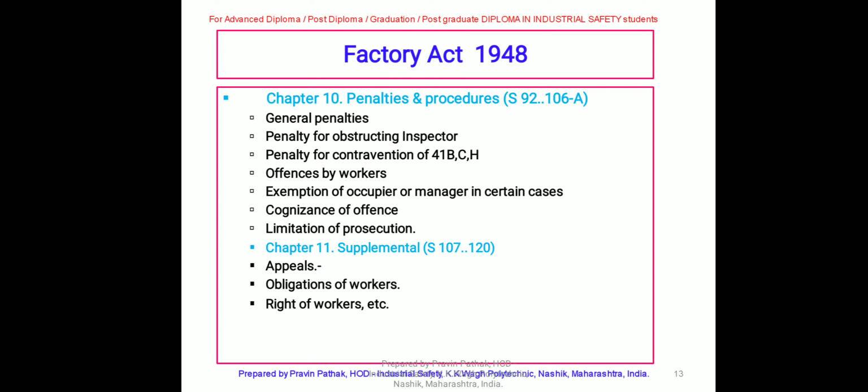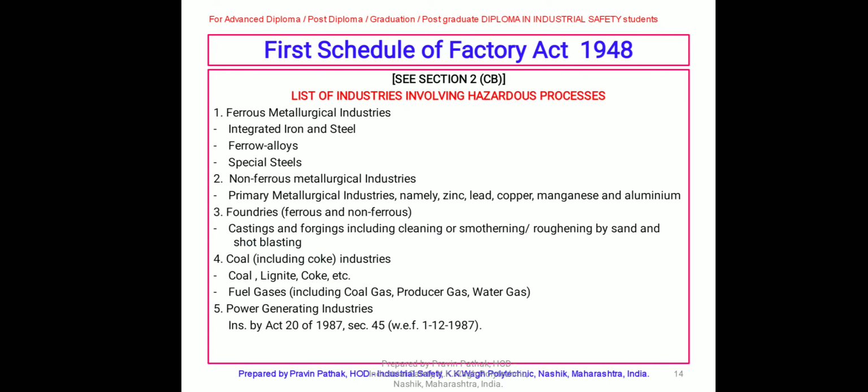And the last chapter, chapter 11, is supplemental provisions, and that is sections 107 to 120. Some of the sections are appeal, obligation of workers, right of worker, etc. So these are the 11 chapters and 120 sections covered under the Factory Act 1948.